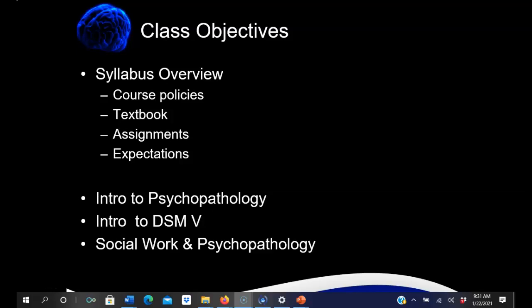Blackboard also has additional functionality, so you'll also see websites and videos listed on Blackboard. All these additional readings or content are placed to enhance your required readings. The syllabus has the course policies listed on it.